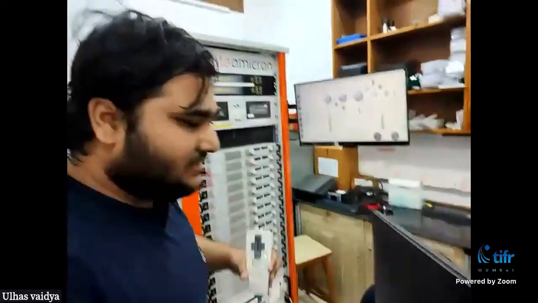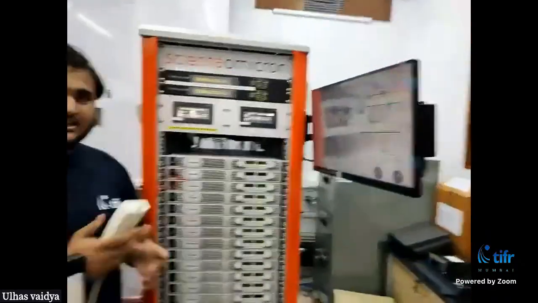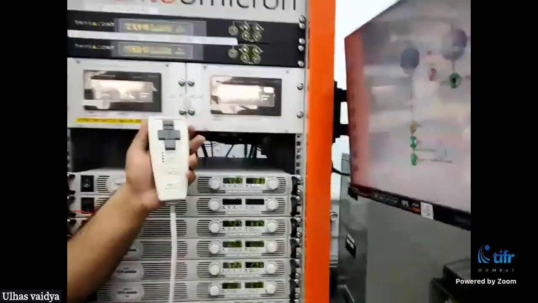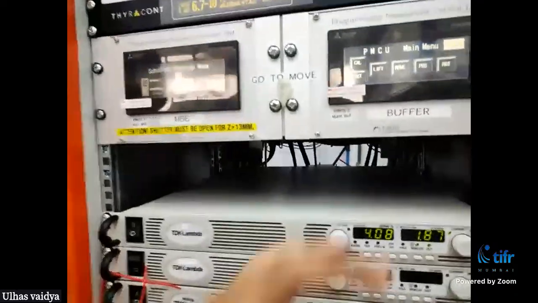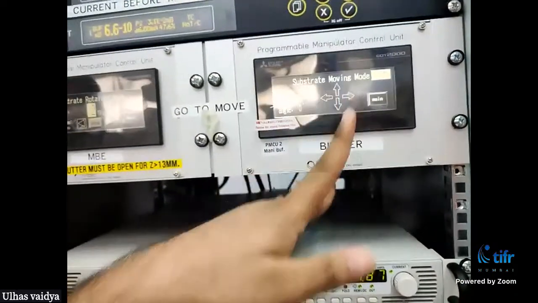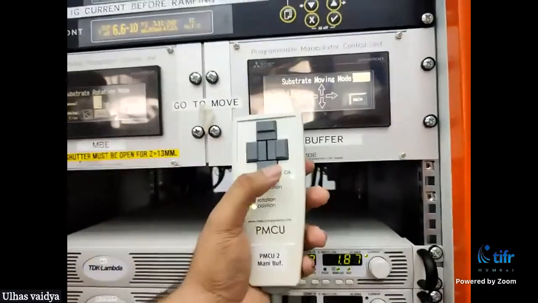This is a controller which controls the manipulator and we can control it using this remote control. I will set it on the move mode. Now I can move the thing using these buttons on the remote. I will just take the manipulator down.